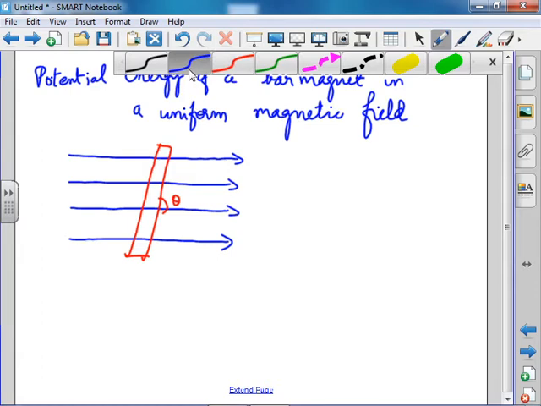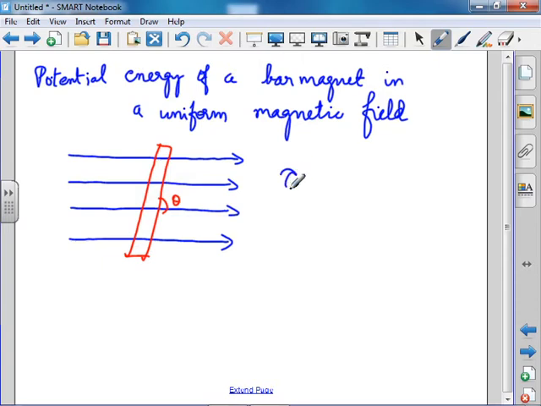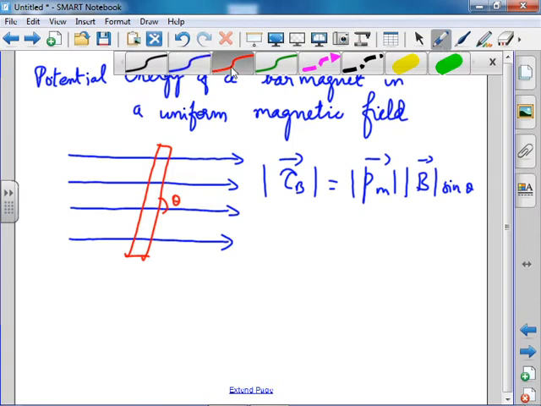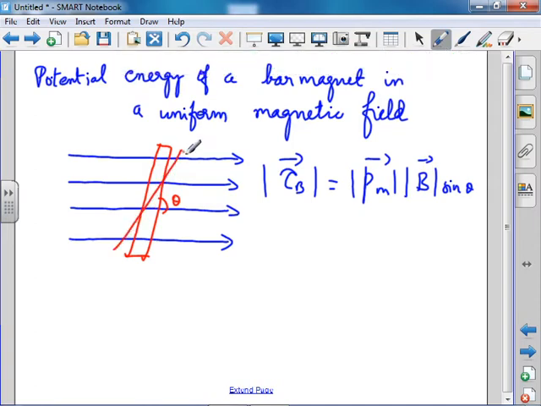We have studied already that the magnetic torque tau is equal to PM into B sin theta. Now we are going to rotate the dipole through a small angular displacement d theta.